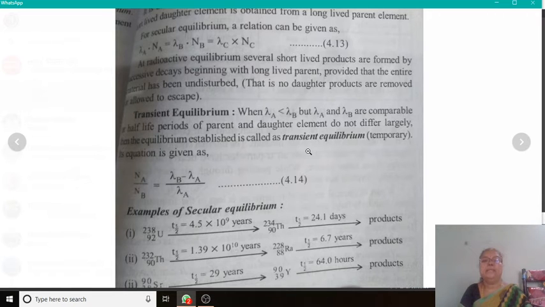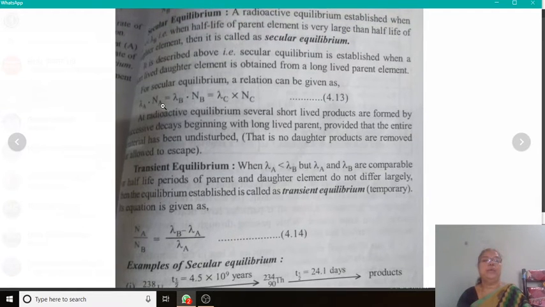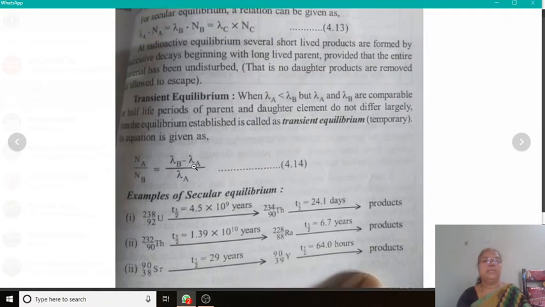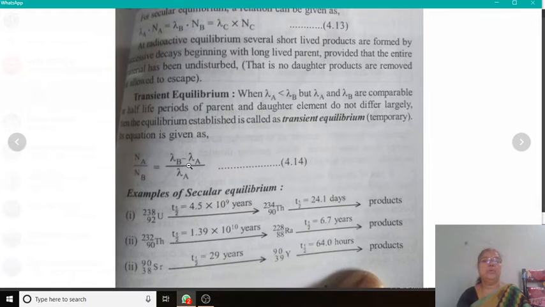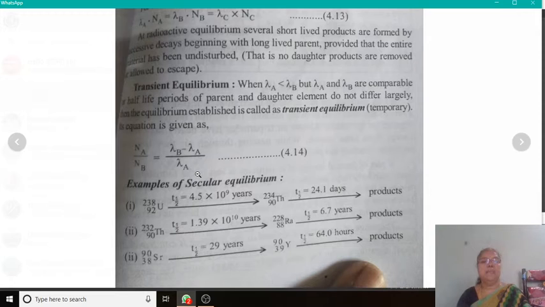And transient means temporary. That means it passes away quickly. Here, if we take the ratio of Na by Nb, then we can write lambda B minus lambda A upon lambda A. From this equation, we have lambda A Na is equal to lambda B Nb. Therefore, Na by Nb is equal to lambda B minus lambda A upon lambda A.